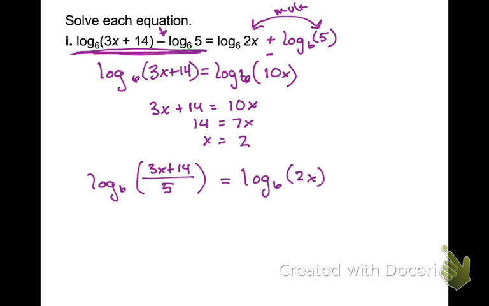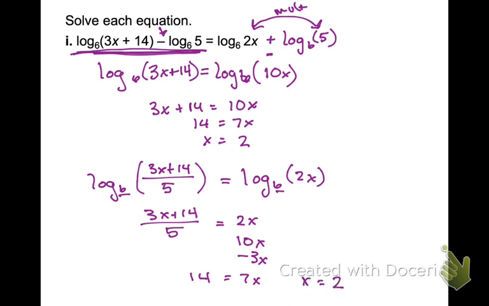Now we have same bases, yes? So 3x plus 14 over 5 equals 2x. Guess what? 10x, because I have to multiply. Subtract 3x. 14 equals 7x. So x equals 2.